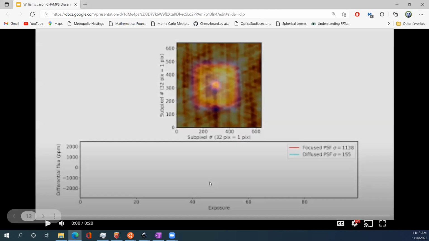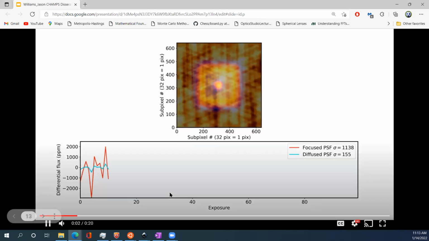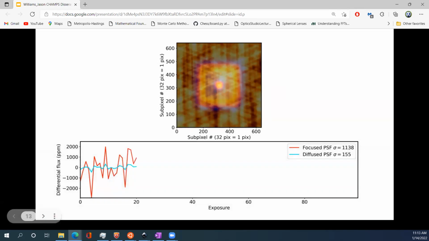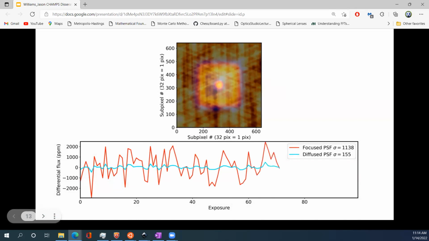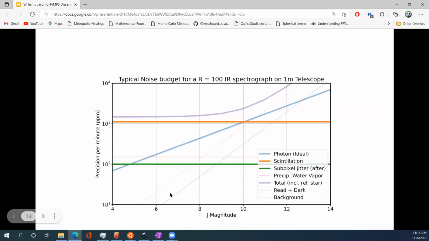What you can see here in red is that for a typical focused PSF, you get a much larger flux variation than you do when you average over the subpixel variations with a top hat. My simulations have shown that on average, we can reduce these subpixel effects for our various top hat sizes by about a factor of 10.